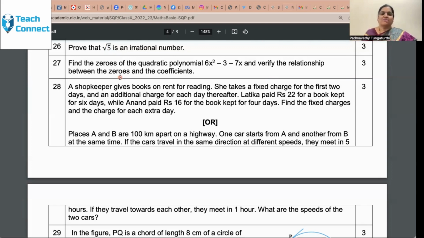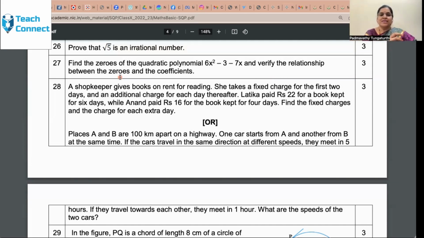Then find the charges, the fixed charges as well as the extra day charges. Let them see. For the first 2 days, she takes a fixed charge. Then after that, each day's charge is being added. It is great fun to see this written infographically.